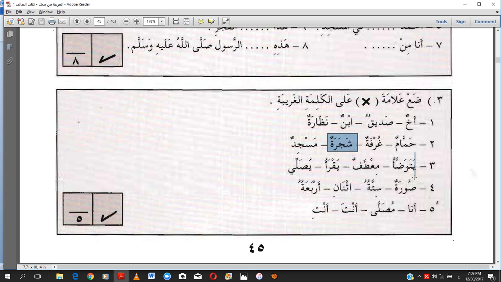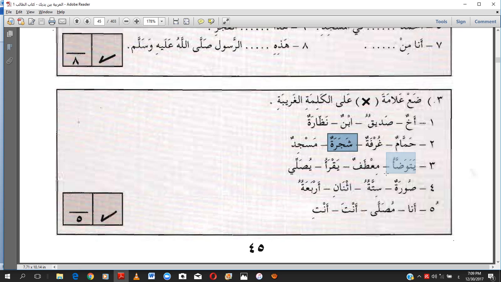The third set, what do we have? Yatawadda, mi'taf, yaqra'u, yusalli. What is the strange word? معطف. ما معنى معطف؟ ما معنى يتوضأ؟ He's making wudu.